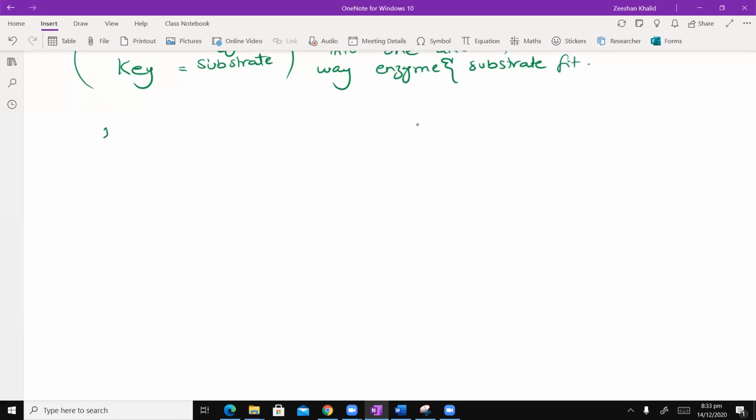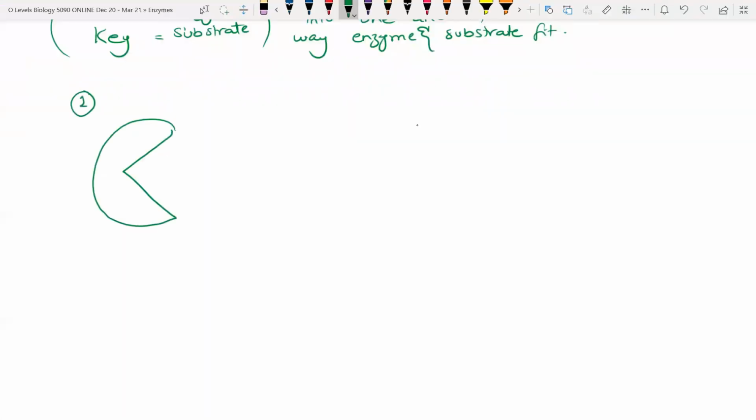So point number one. Chale ji. So let me draw the enzyme. Okay, let's draw this one. So the first thing that happens is, let me use another ink for the substrate. Let's use pink ink.